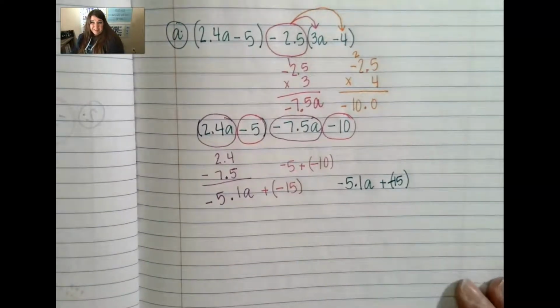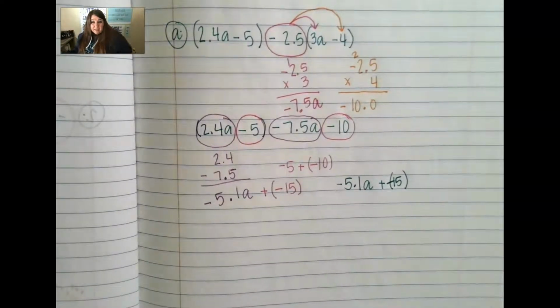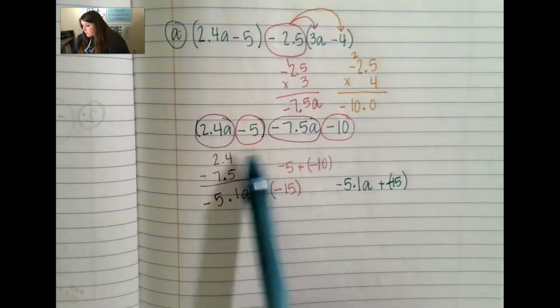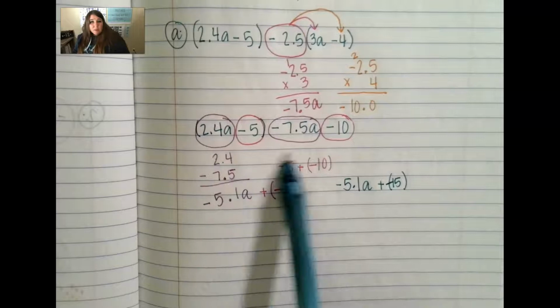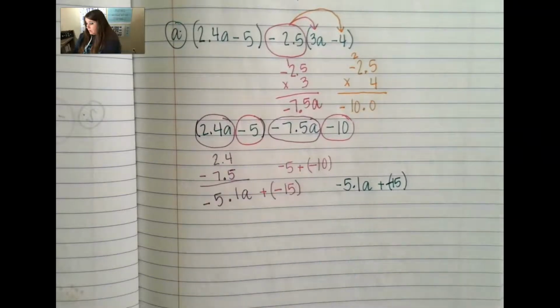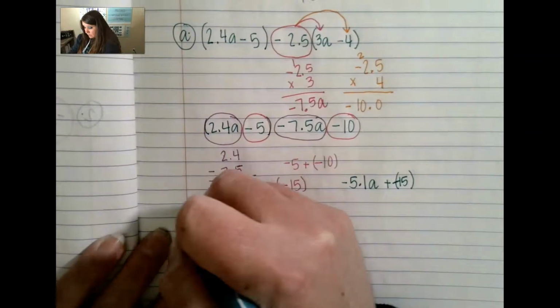Okay, a lot of steps. It's easy to get tripped up when you're looking at these negatives and the positives, so pay really close attention to your rules here. Okay, all right, let's look at example B.